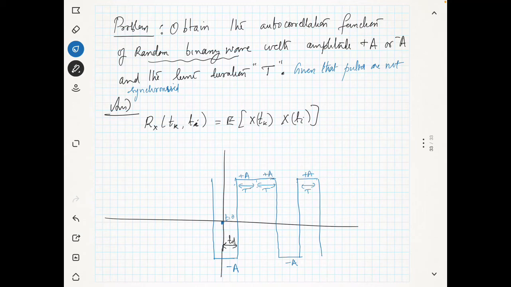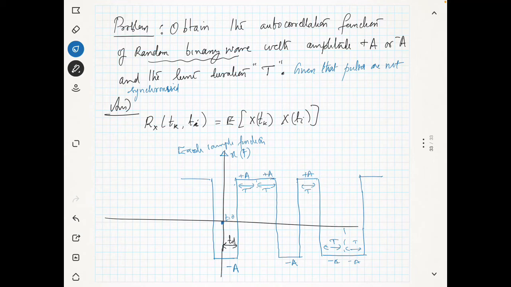Again it is going down, and maybe it remains there for t duration, and t duration again here in the state of minus a. So it's a random wave anyway, so it is always changing. So each sample function will have this kind of structure.